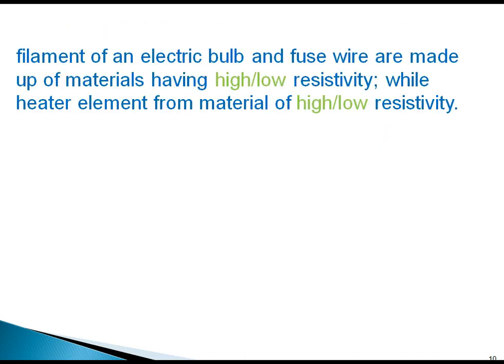Now, is the filament of an electric bulb and fuse wire made of a material having high or low resistivity, while the heater element is made from a material of high or low resistivity? Many students generally commit mistakes in this question.